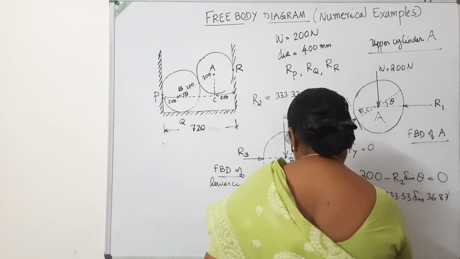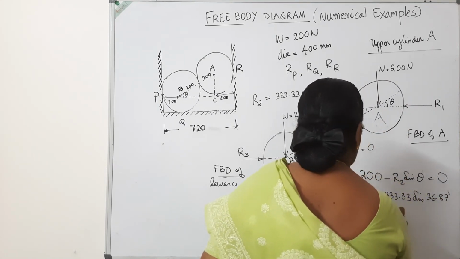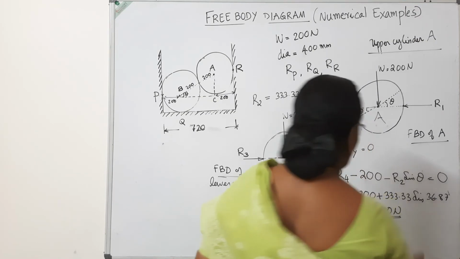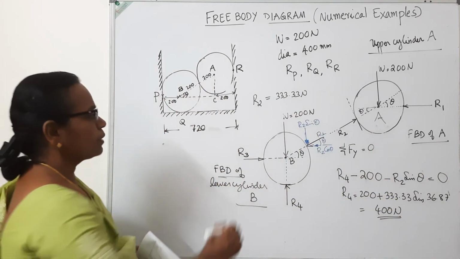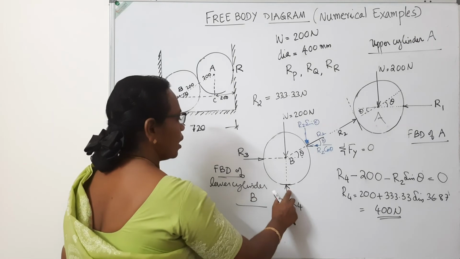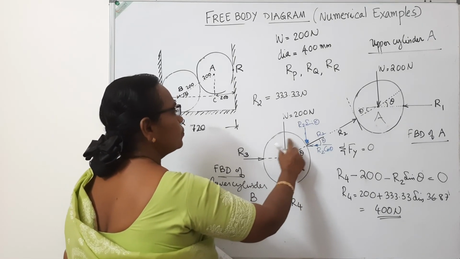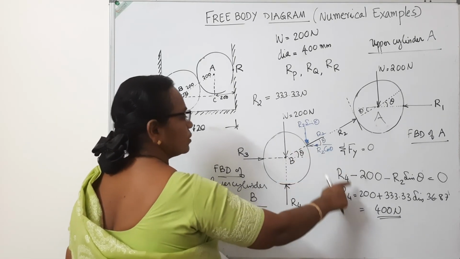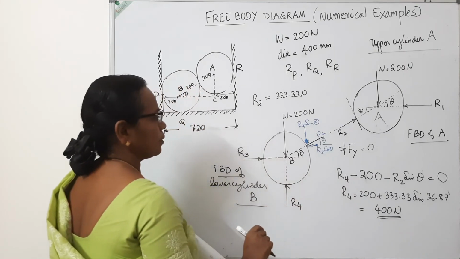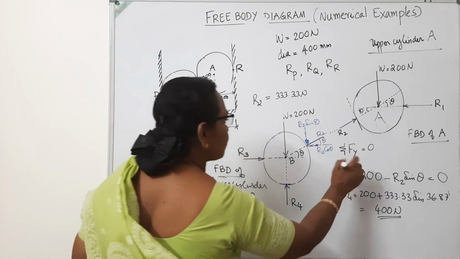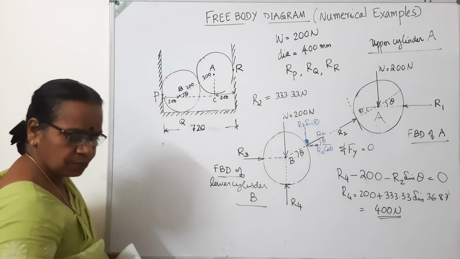You get the value of R4 as 400 Newton. So by applying sigma Fy is equal to 0, R4 minus W minus R2 sin theta, R4 is equal to 400 Newton.